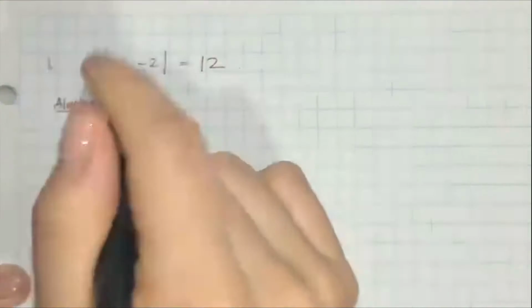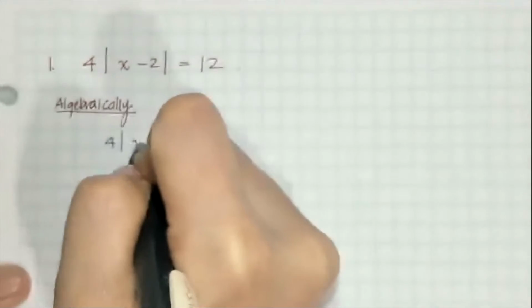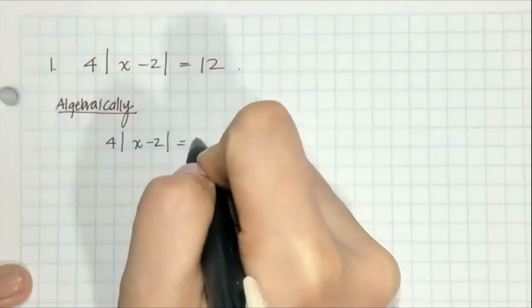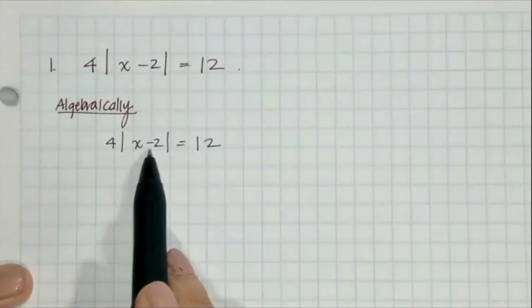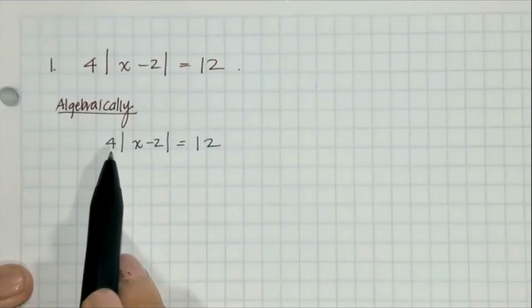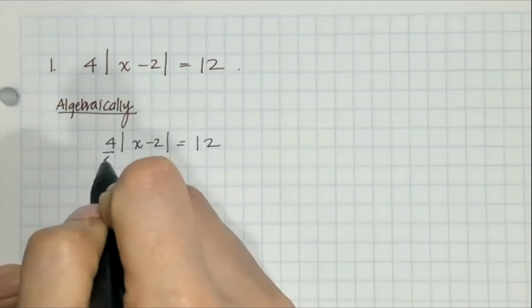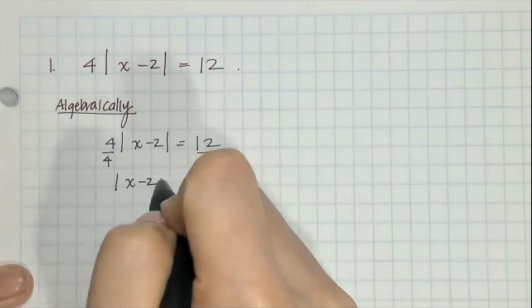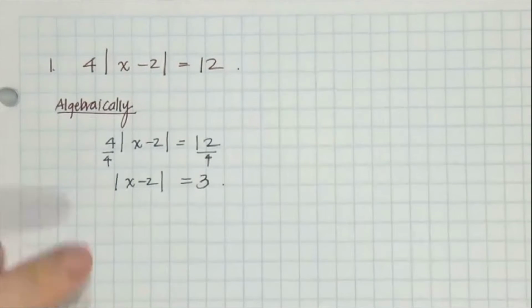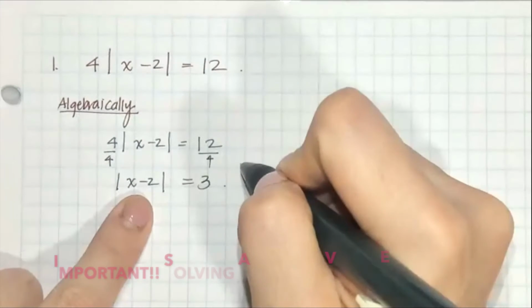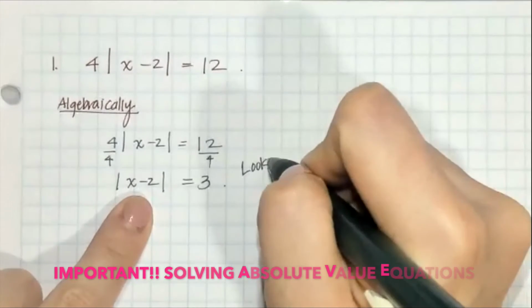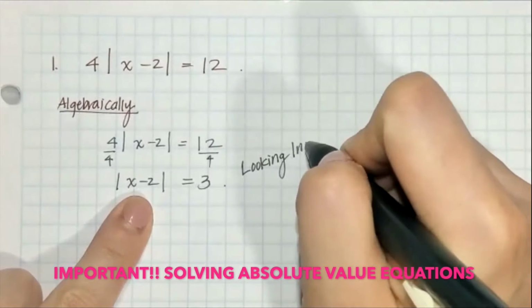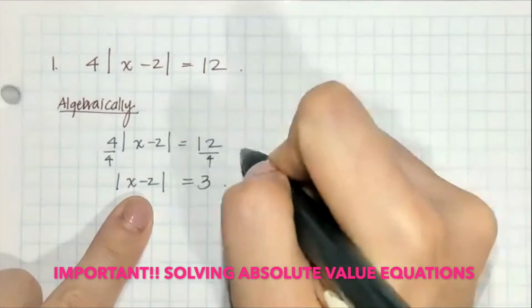So first thing, whenever you're solving an absolute value equation, you want to have the absolute value alone. So I'm going to get rid of the 4 by dividing both sides by 4. So then absolute value of x minus 2 is equal to 3. And then here we can use what we reviewed, the looking inside method, where we're looking inside the absolute value.